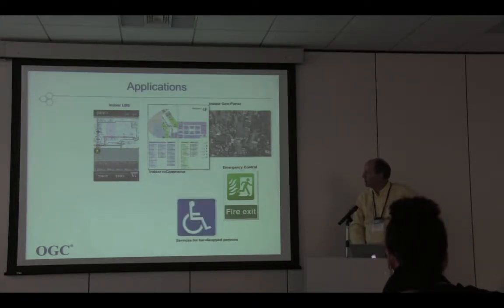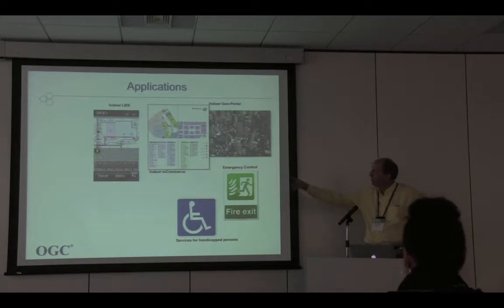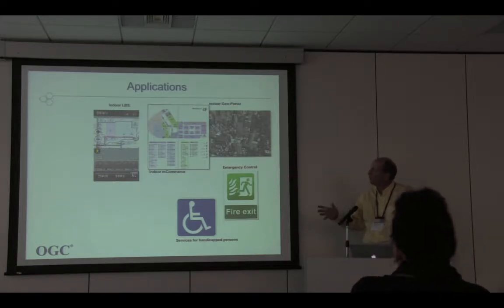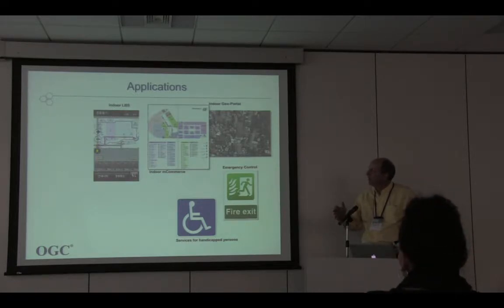Services for handicapped persons differ with respect to what is a walkable environment, and different modes of transportation within an indoor environment are critical for different approaches to how you navigate. Also, if there's a fire, don't take an elevator, right? Change the directions.